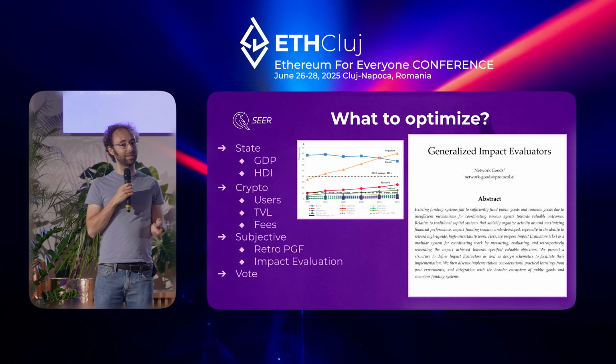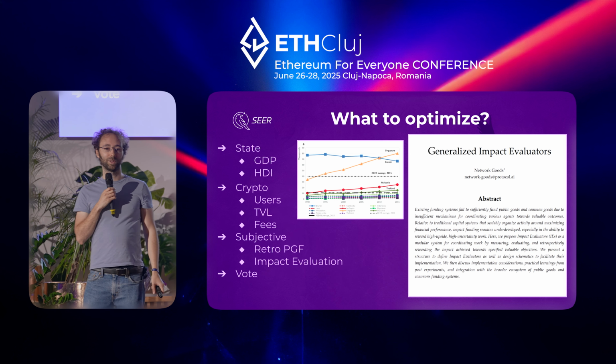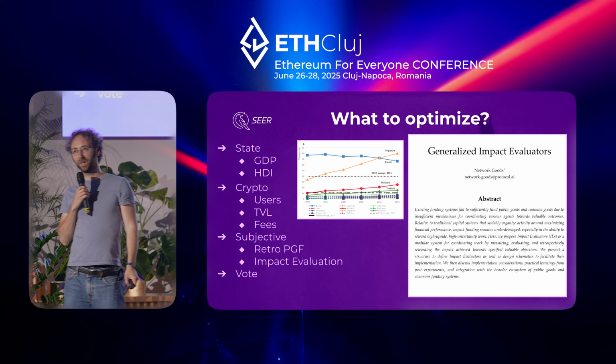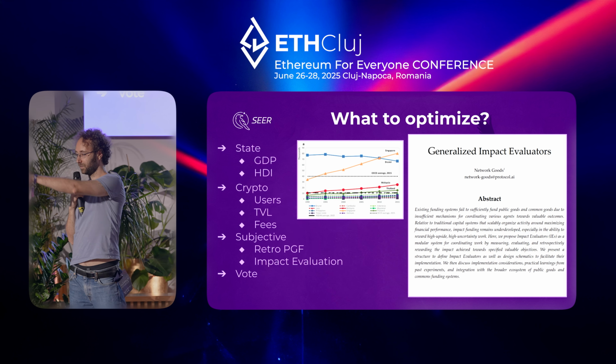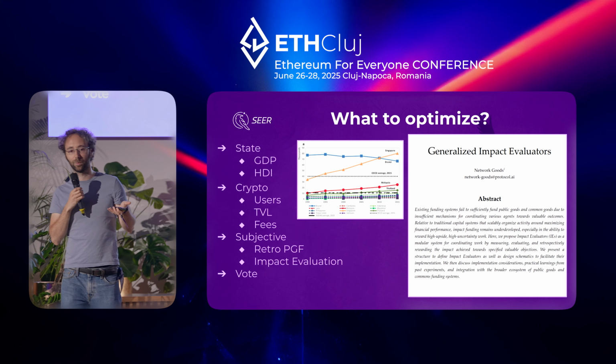TVL, that's still a pretty nice metric, even if one of the previous speakers was proposing a metric harder to bias. And the fees which your project is getting, so it really depends on the project.